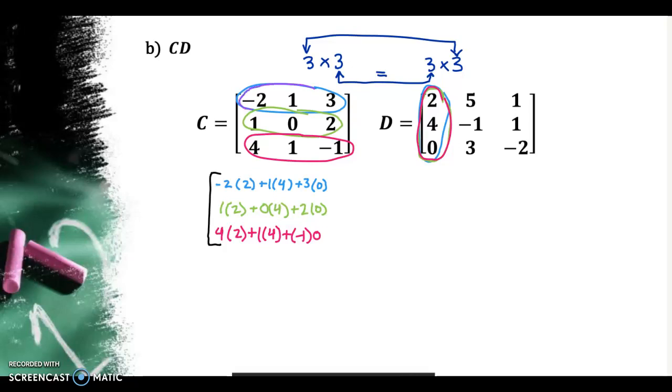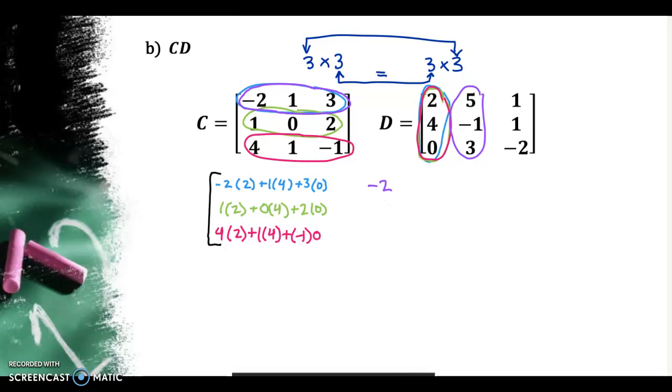We're going to take the first row, -2, 1, 3, and multiply by the second column, and we will get -2 here. Now, how do we get -2? We do -2 times 5 plus 1 times -1 plus 3 times 3, and we'll get -2. And then we'll get 11.